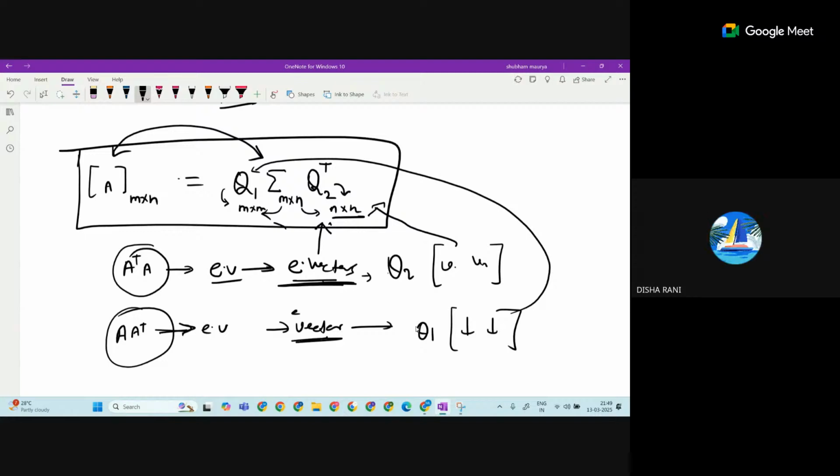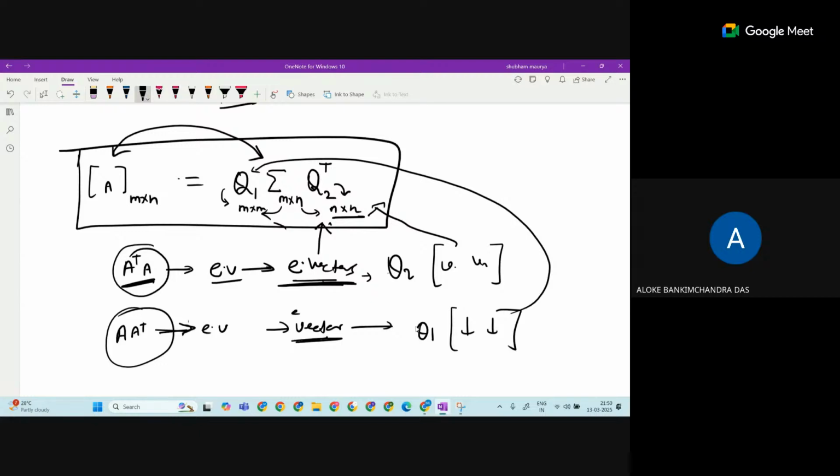You don't have to calculate the other matrix, A transpose A, again. You can straight away use the formula.